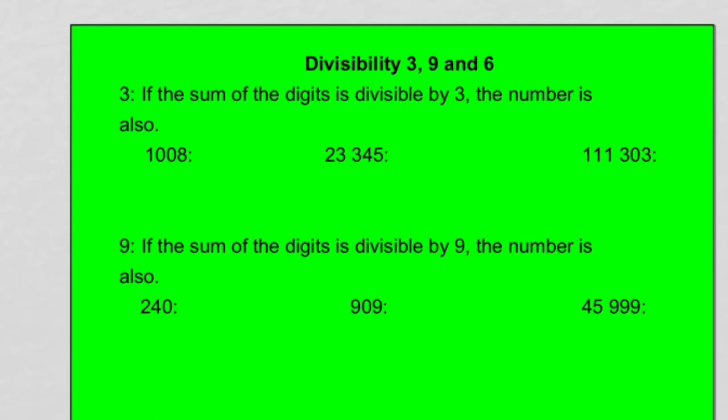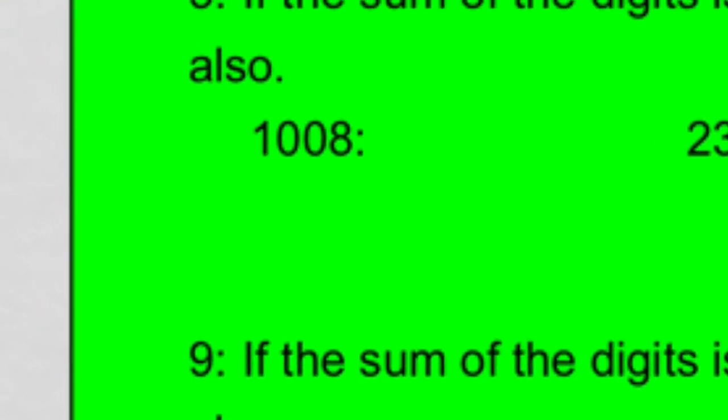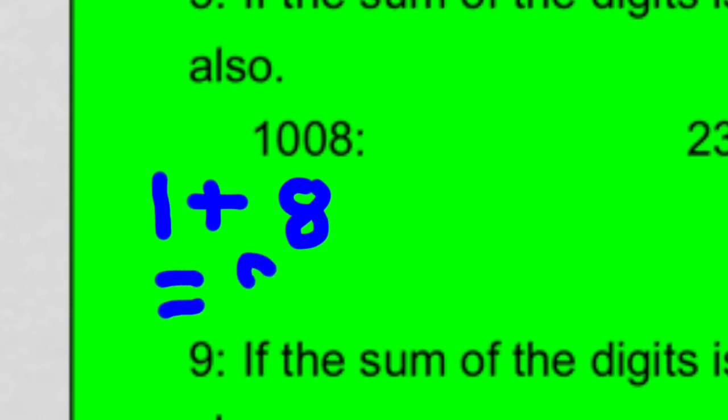So in order to do this rule, you have to have some knowledge of dividing smaller numbers by 3. So let me show you what I mean. We'll start off with the example 1008. Well, what we want to do first is add up the digits. So we'll add up 1. We don't have to add up the zeros because they won't factor into the sum. 1 plus 8, and that equals 9.